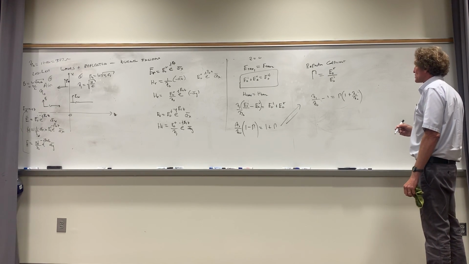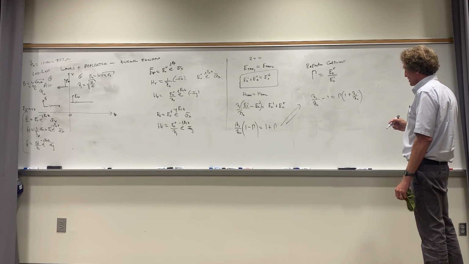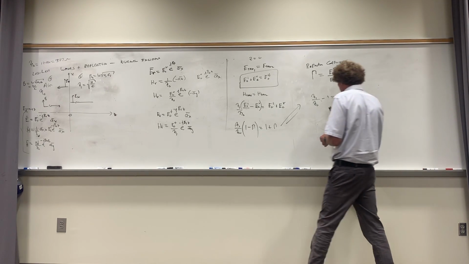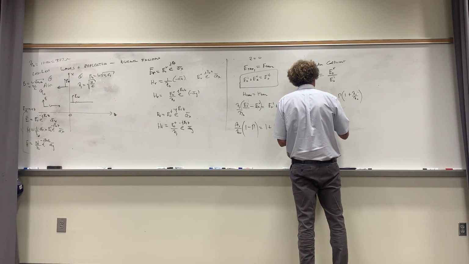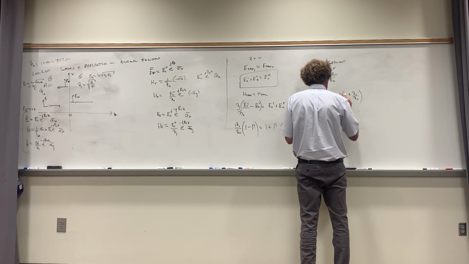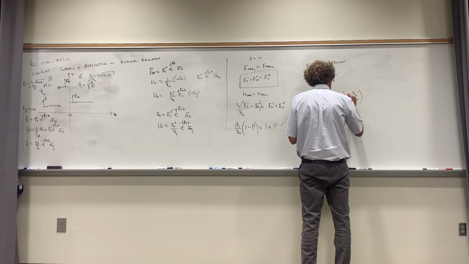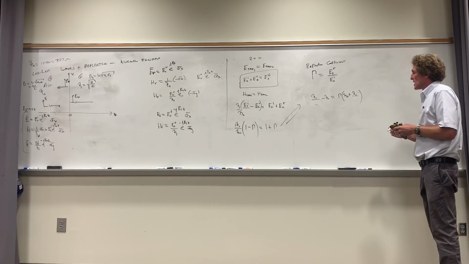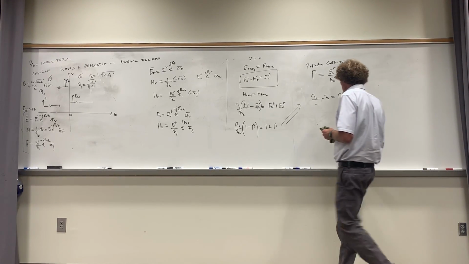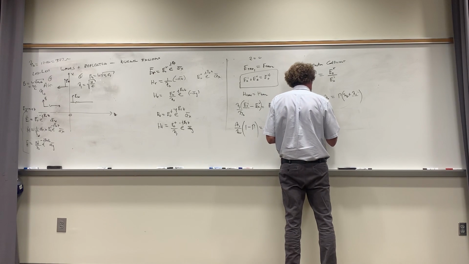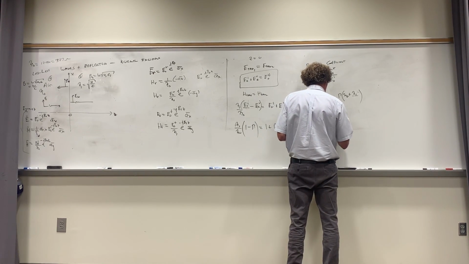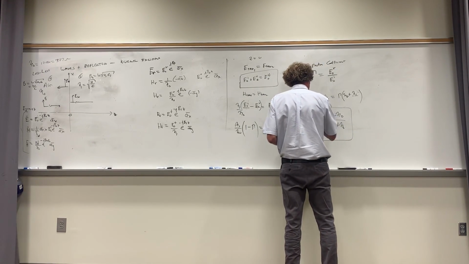And then I multiply both sides by A to naught. When I do that, I get this. And then I divide both sides by A to naught plus A to 1, and I get the reflection coefficient given as A to 1 minus A to naught over A to 1 plus A to naught. And that is the reflection coefficient.